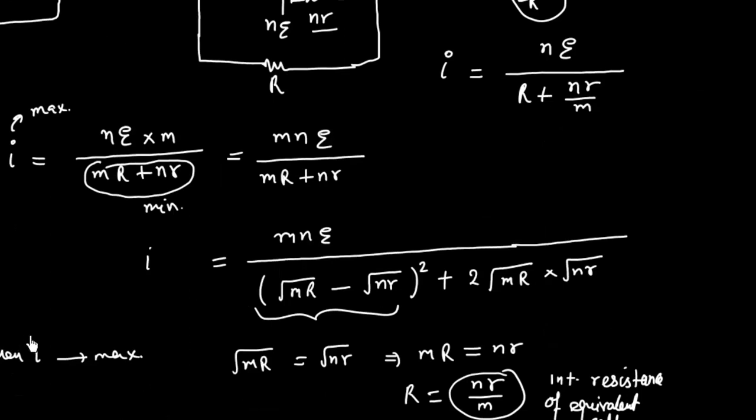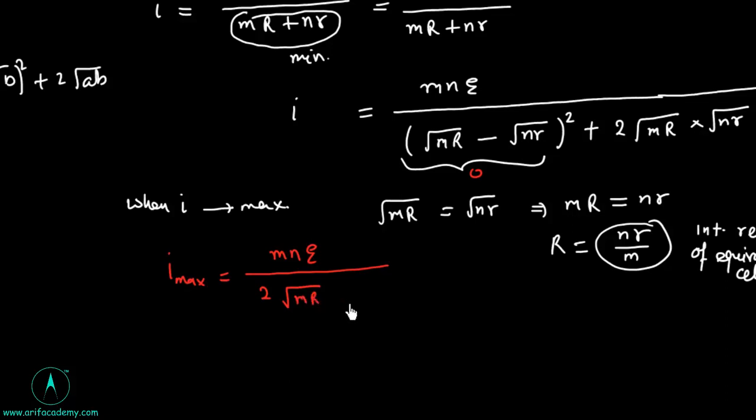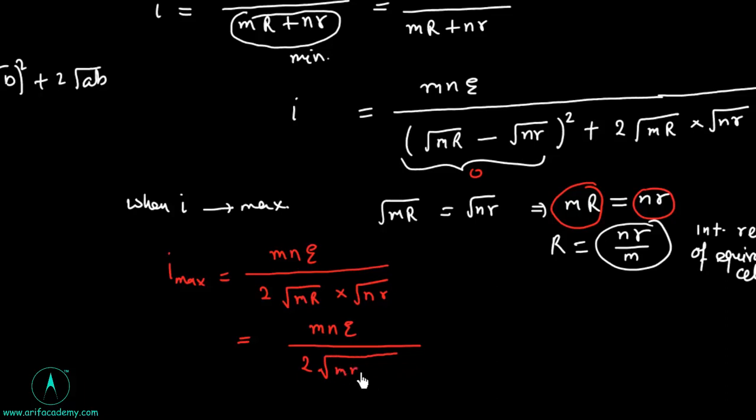And how much does this current equal? Imax will be equal to mnE upon, since the squared term is 0, 2√(mR)·√(nR), and these two terms are equal also, so that can be written as mnE upon 2√(mnR·R).